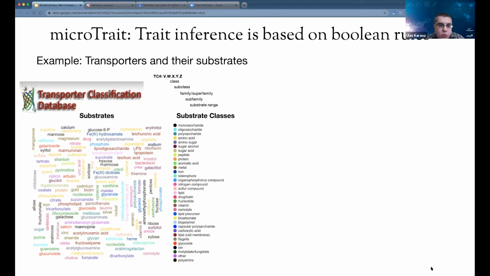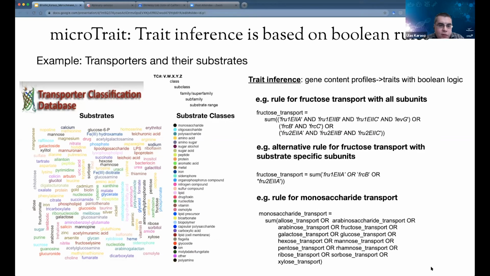And we represent that inference, what I call inference here, from going from the gene content profiles to traits, with a simple Boolean logic, which is reusable and reconfigurable from a user perspective. So here I give you the example of fructose transport, where there are three potential genes in the transporter database, with each subunit represented by a hidden Markov model.